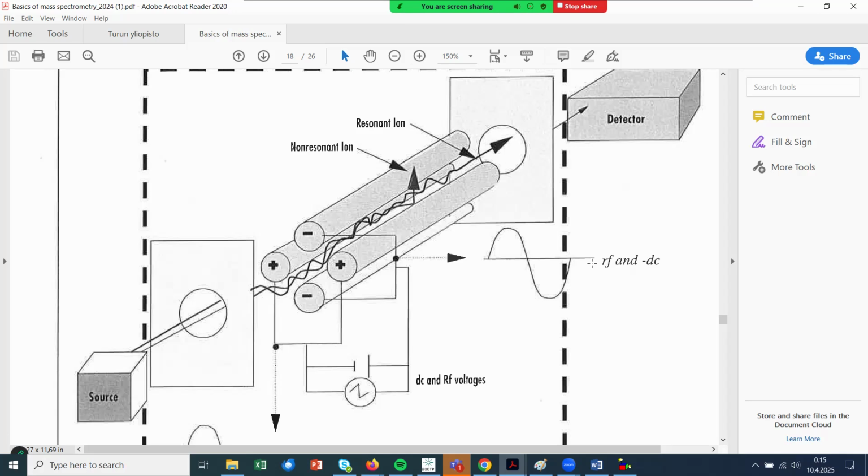It's just that the radio frequency and direct current amplitudes need to be very quickly changed. But at one certain time point, always only one ion type passes through to the detector. But within 1 second, we can scan through the whole mass range of, let's say, 100 to 1000.